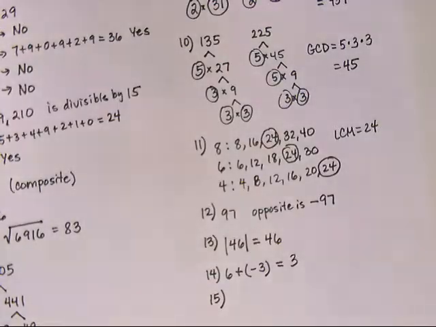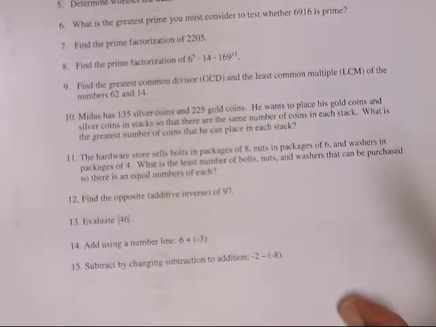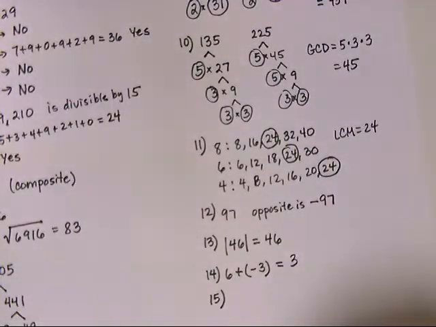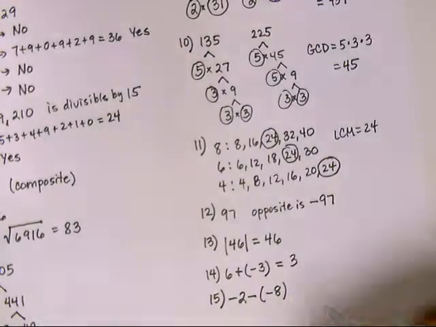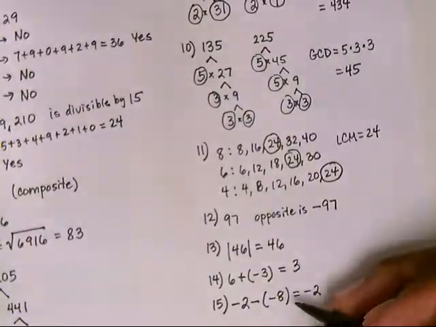Alright, number 15. Subtract by changing subtraction to addition. And in this case, you got negative 2 minus negative 8. So here we bring over that negative 2.